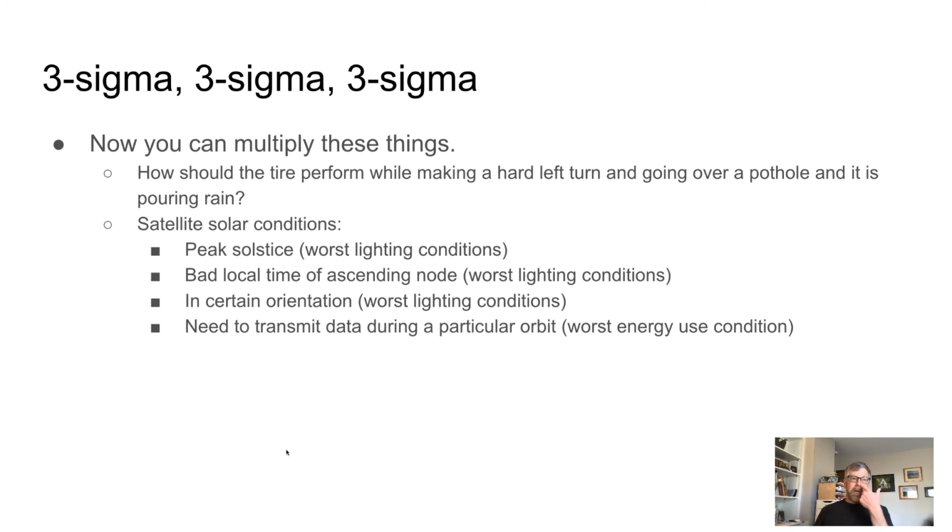So for example, you have the satellite solar conditions, you're in peak solstice, it's June or something like that, and you have bad local time of the ascending node, which is the worst conditions for lighting, and then you're trying to put your satellite into a certain orientation, and then you need to transmit data during this particular horrible orbit.